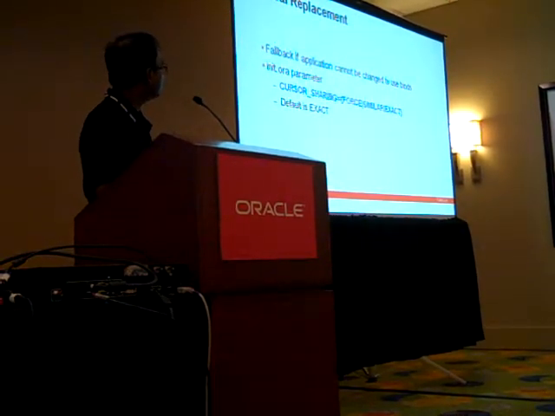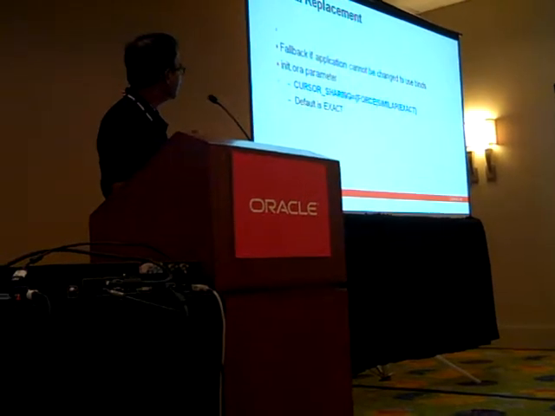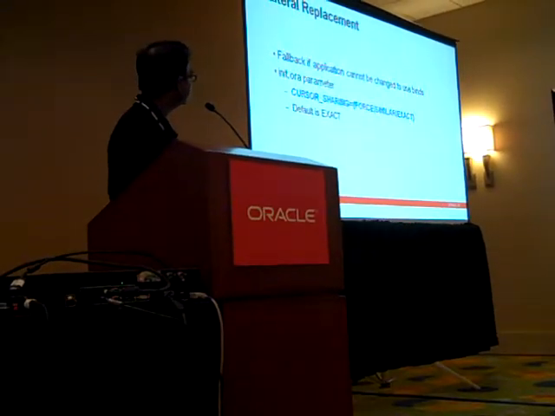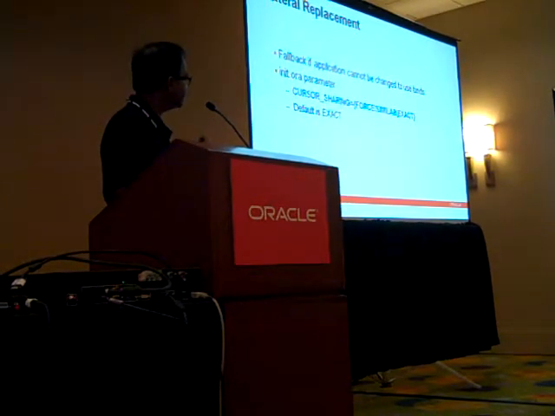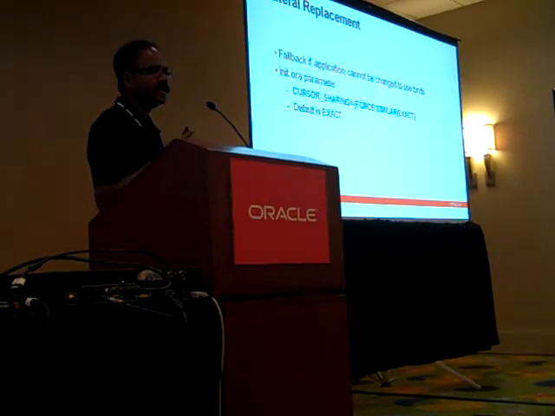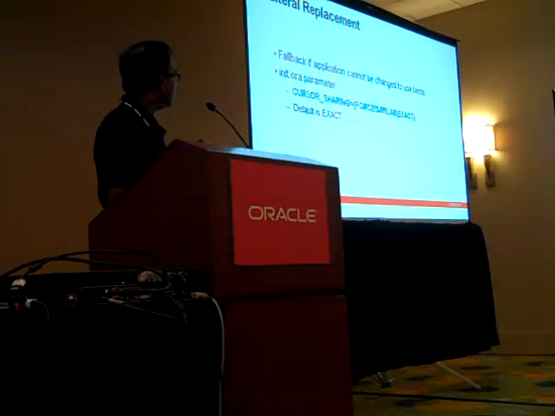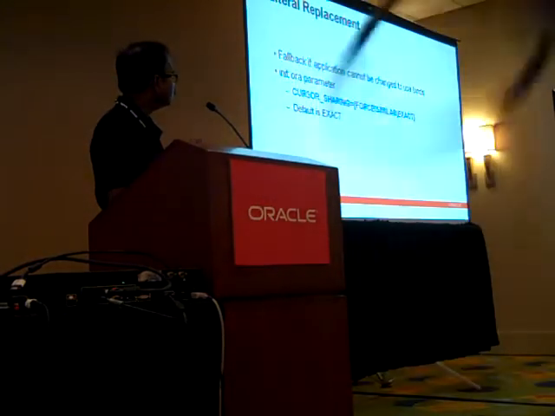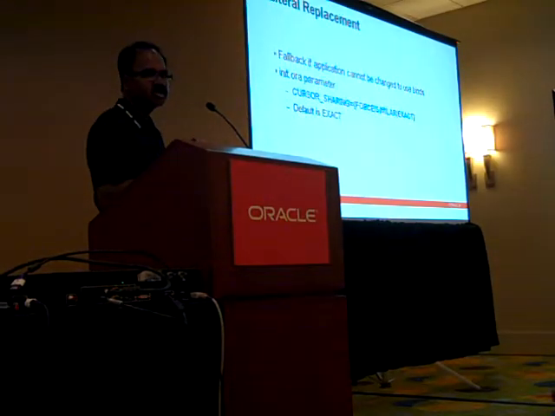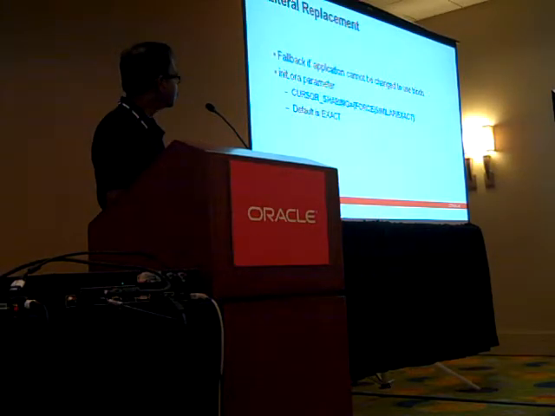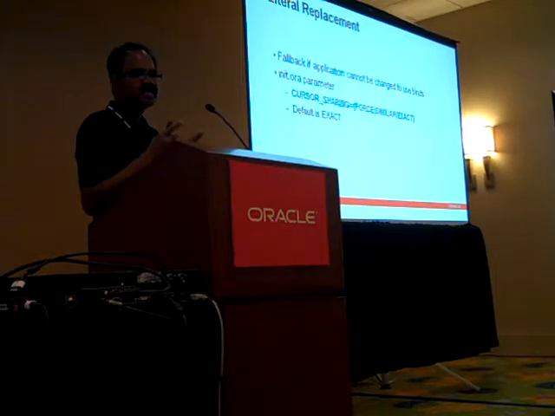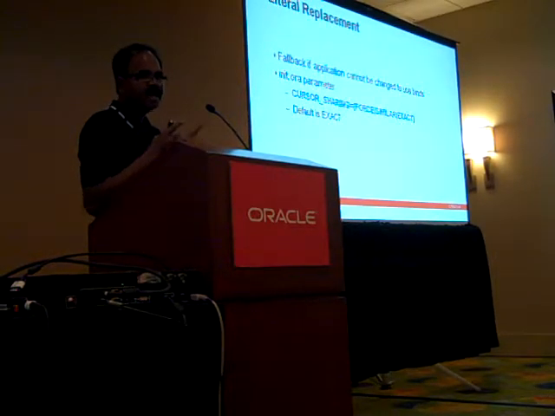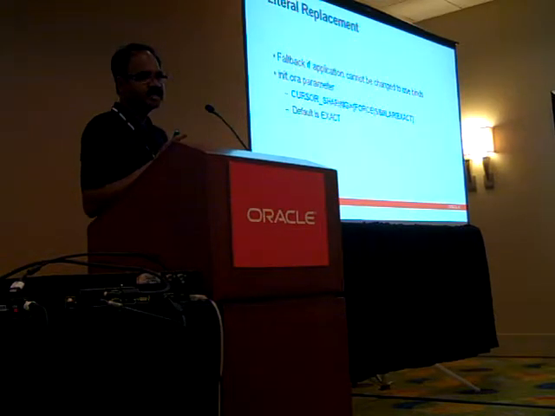There is an option in the database, an init.ora parameter called cursor_sharing, and its value is, by default, exact. If you were to set the value to force, it would force all SQL statements which are identical in all respects except for the literal value to share the same shared cursor.